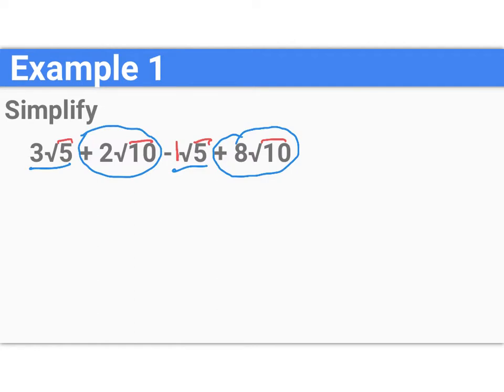So this is going to come down to 3 root 5 minus 1 root 5 plus 2 root 10 plus 8 root 10. And so let's simplify it on the next page.